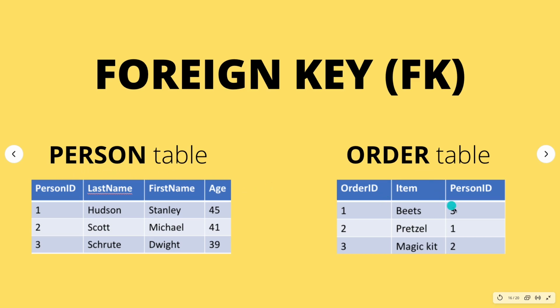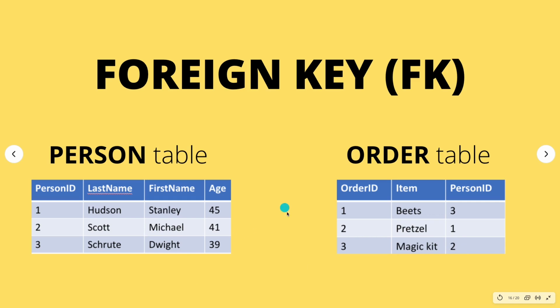So here we can see bits from person ID of 3, which is Dwight, and then we have pretzel from person ID of 1, which is Stanley, and then lastly we have the magic kid from person ID of 2, who is Michael.